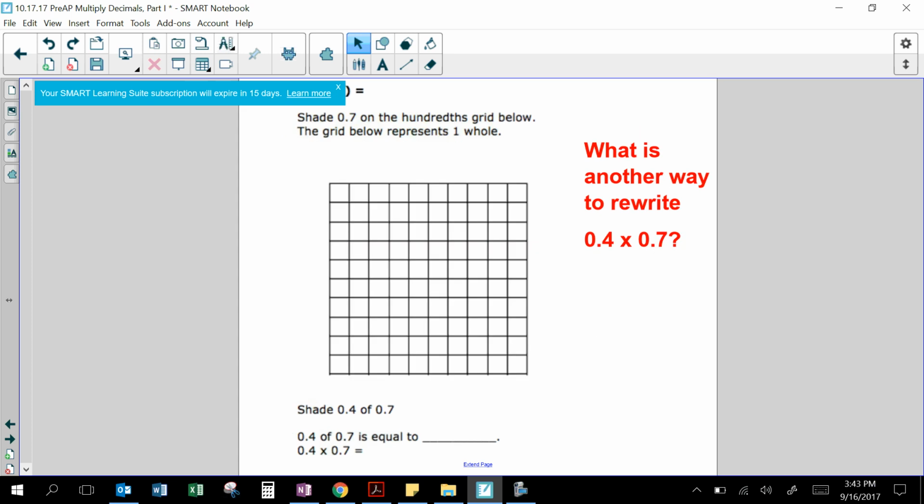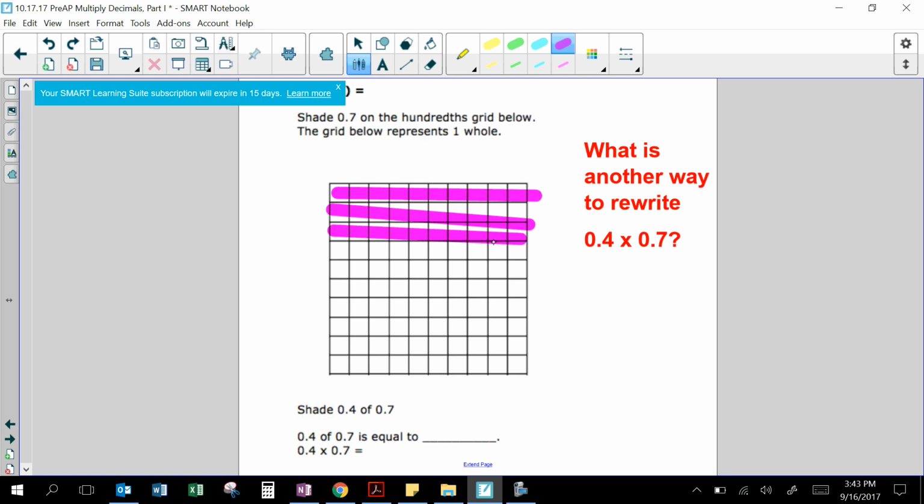Now last one, shade 7/10. Highlighter. I will use this color. Shade in 7/10, 1/10, 2/10, 3/10, 4/10, 5/10, 6/10, and 7/10. I would like you now to shade 4/10 of this 7/10. 1/10, 2/10, 3/10, 4/10.